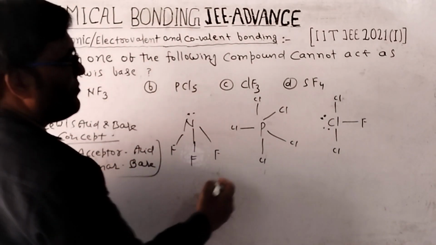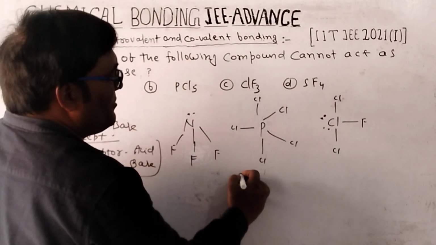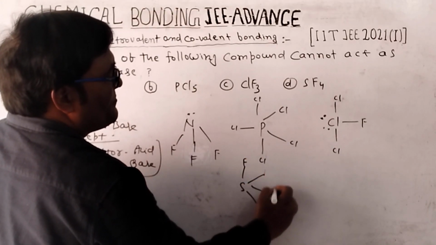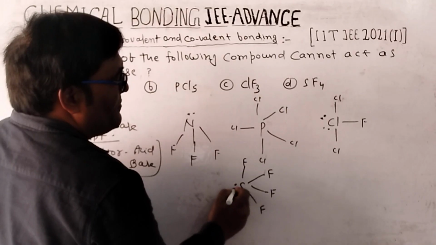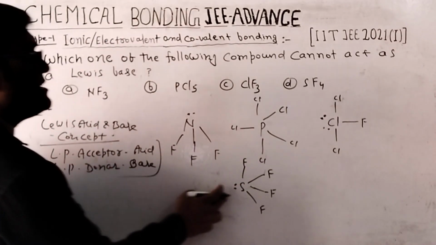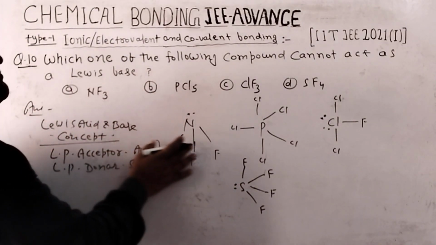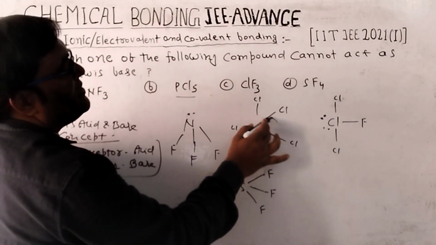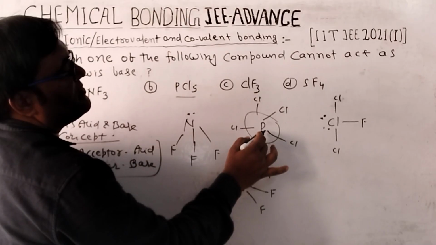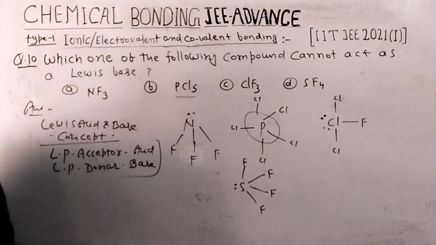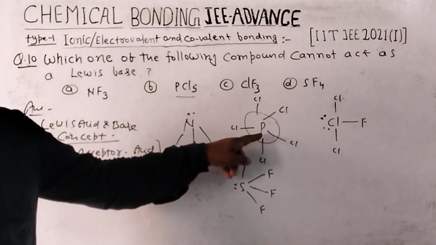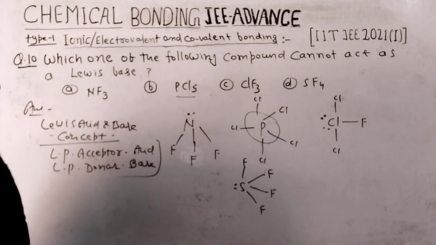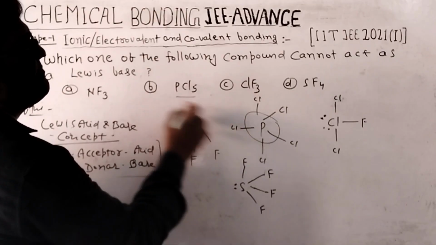Now in case of SF4, a single lone pair is present at the central atom. So in these 4 options, only in case of PCl5 is no lone pair present at the central atom. So this molecule cannot act as a base. So option B, PCl5, is correct.